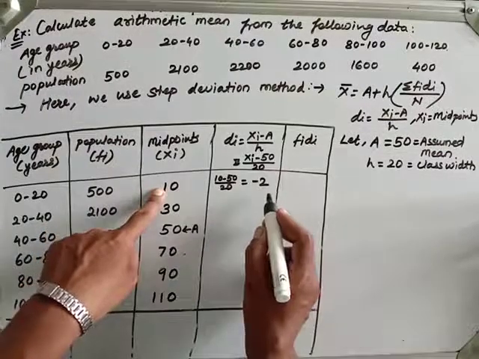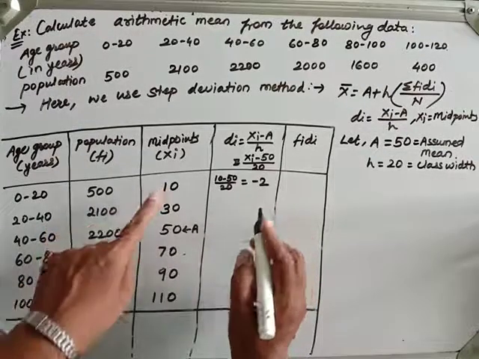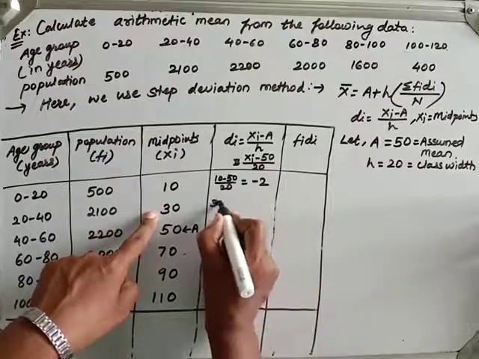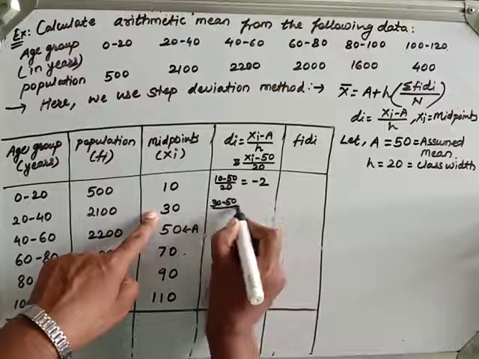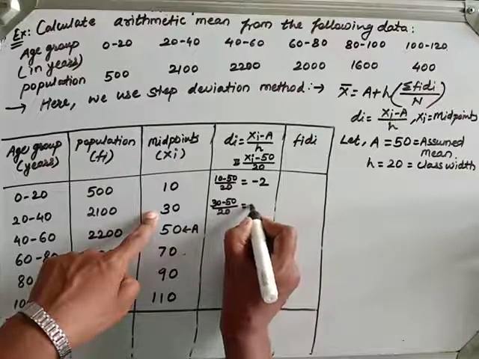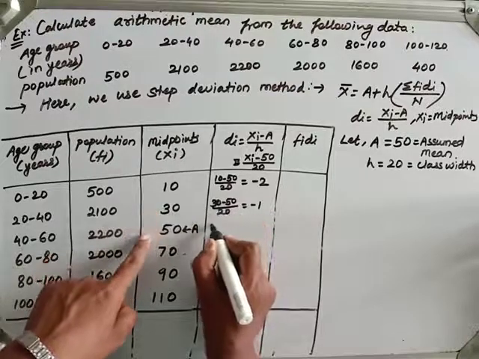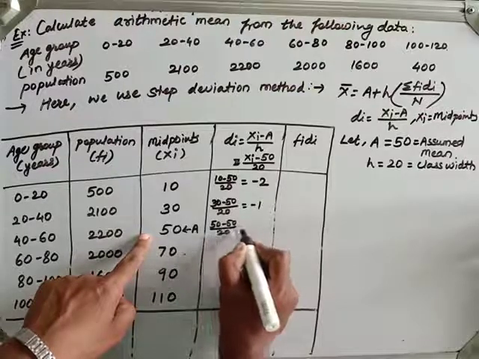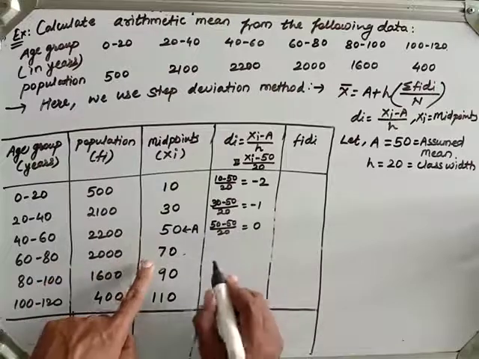Here there is no need to write this in detail always. Just for your understanding I am writing here. This is 30 minus 50 upon 20, so it will be minus 1. This is 50 minus 50 upon 20, so that is 0.